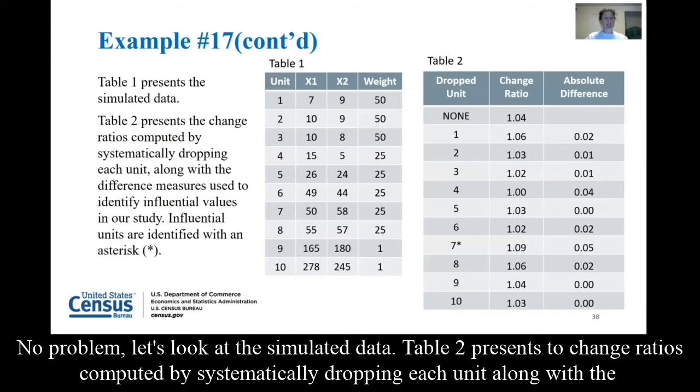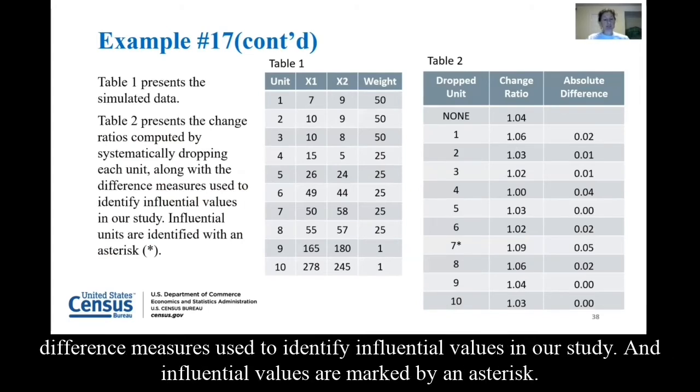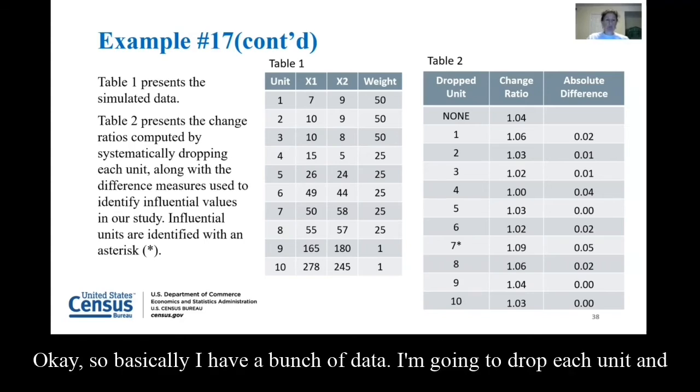Table 2 presents the change ratios computed by systematically dropping each unit, along with the difference measures used to identify influential values in our study. And influential values are marked by an asterisk. Okay, so basically I have a bunch of data. I'm going to drop each unit and look at the change ratio.